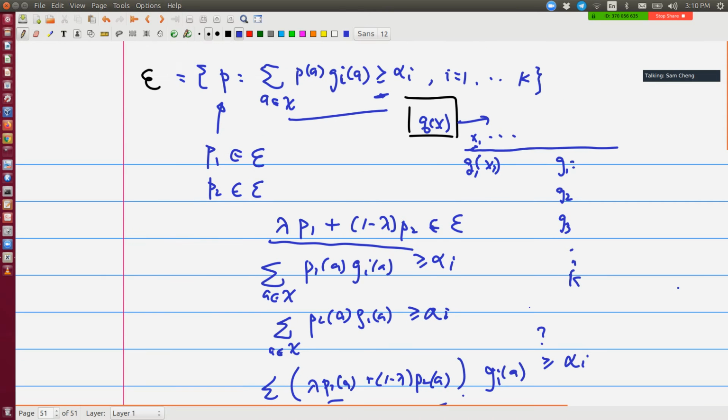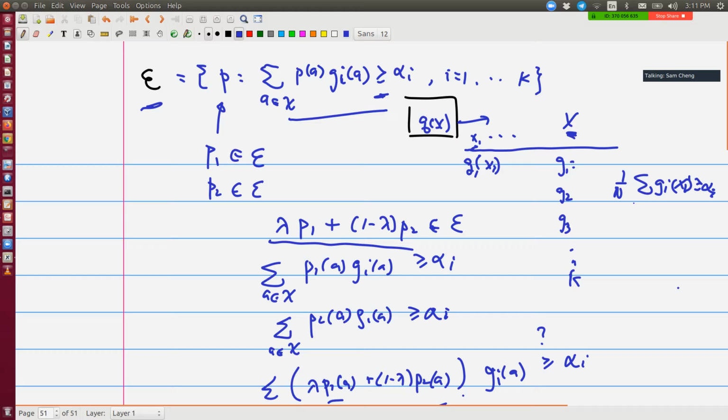E is a closed convex set. So by conditional limit theorems, if I have a sequence that satisfies this, the sequence basically we're saying, we have a particular sequence x^n here, I have this empirical mean, 1 over n sum of g_i(x_i), bigger than or equal to alpha_i.